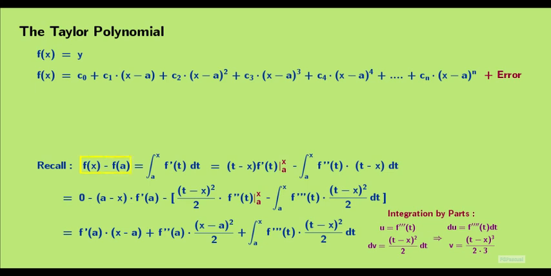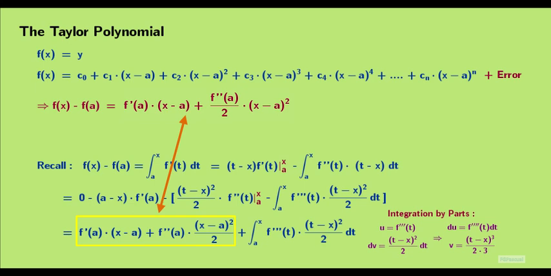So far for f of x minus f of a, we have this string of terms. And as an exercise for the viewer, carrying out integration by parts on this integral, one obtains these additional terms.